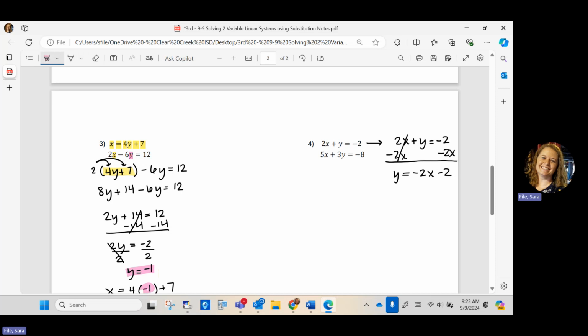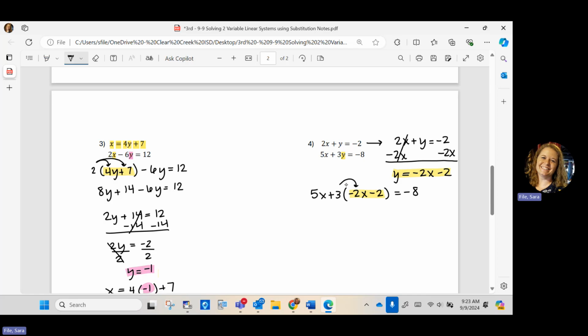Okay, so that's just a little bit of extra work for step 1. Now I'm going to take that and substitute that in for y here. So that's going to be 5x plus 3, and then instead of y, I'm plugging in -2x minus 2 equals -8. So I substituted that in there, and now I'm ready to simplify.